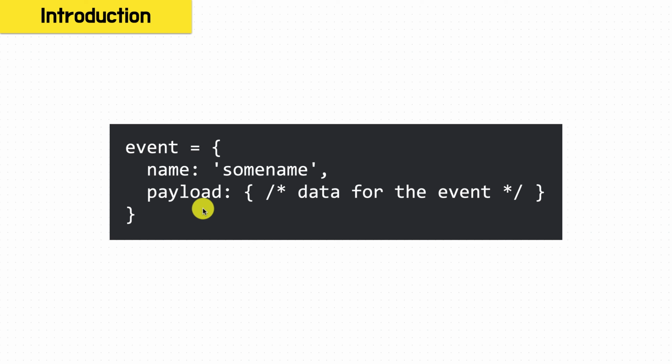And there will also be an associated payload of data with an event. So an example of an event is you can think of a key up event in JavaScript. So when the user presses a key, the browser is going to emit this event. So it's going to send it to the key up name, and the payload of data can be anything associated with that key up.